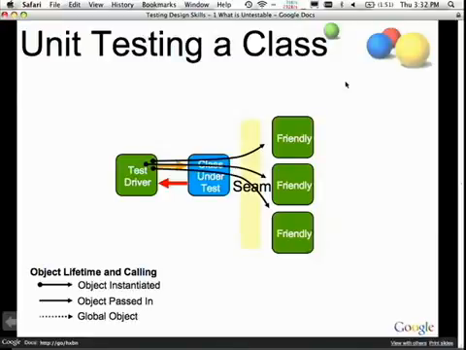Now this gives me a choice in a testing world because I am free to instantiate a subset of the application that I want to test. I no longer have to instantiate the whole thing. I simply instantiate the stuff that I really, really care about.